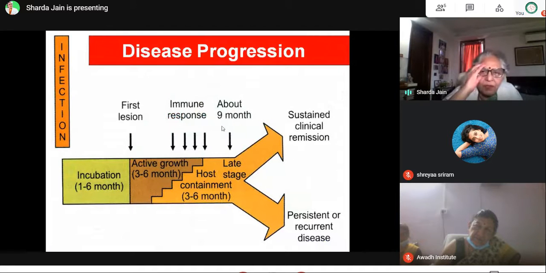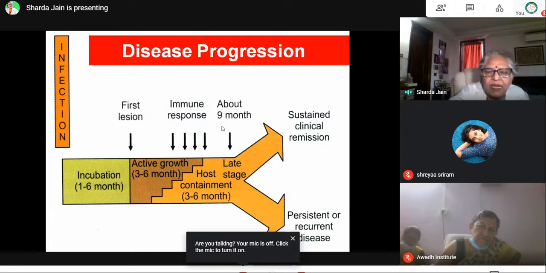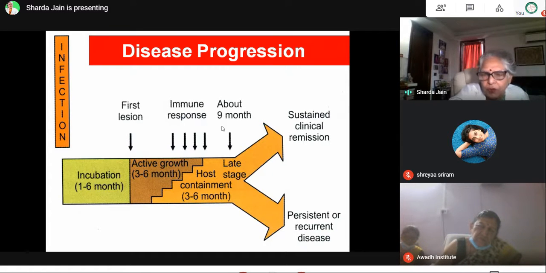Now, this slide is very important and very simple at the same time. Whenever HPV infection gets into the cervix, it stays there. There is a repeated exposure, and then you find the virus has a slight incubation period, after which active growth has occurred. The host immune system comes for a defense, and then the tussle goes between the two. And at the end of almost 9 months to 1 year, the settlement has to take place between the active invasion by the HPV and the host containment.